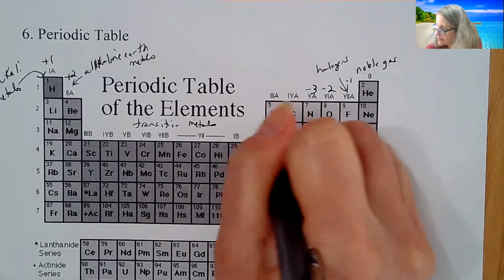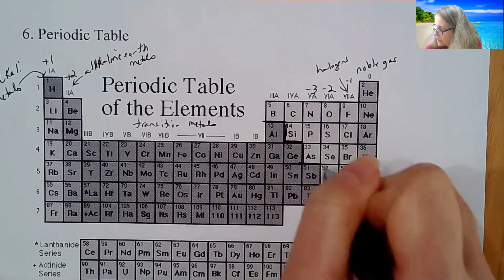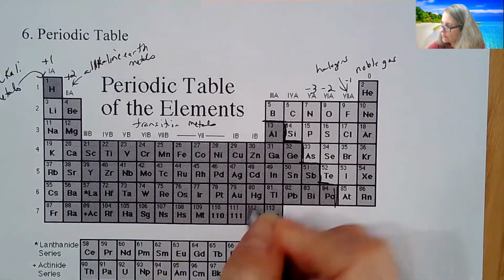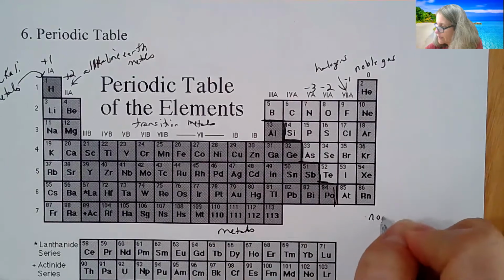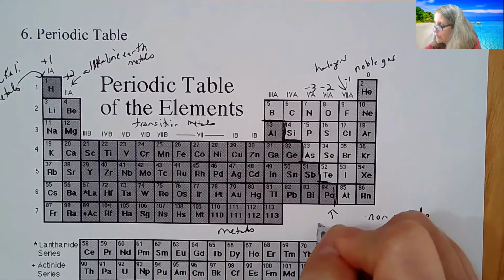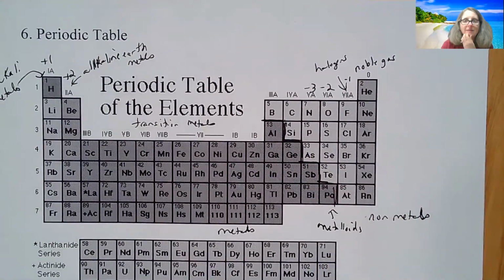What I liked about this diagram is, again, the stair step that we have here divides what we call the metals and the non-metals from each other. So over here on the left are the metals. Over here on the right are the non-metals. And right along that staircase are called the metalloids. They have both properties of metals and non-metals. Okay.